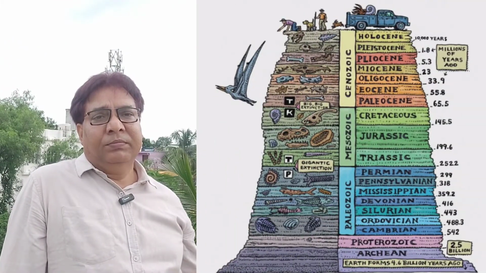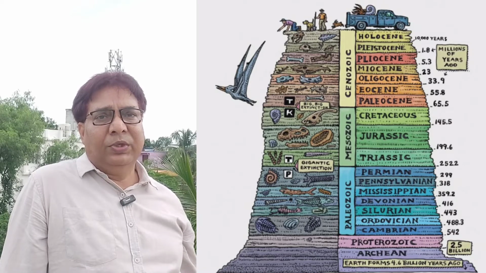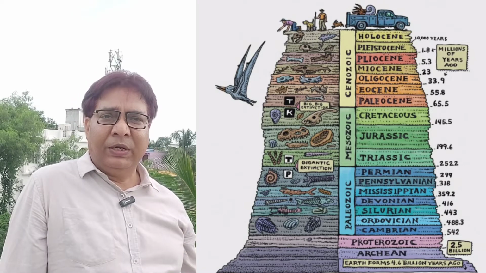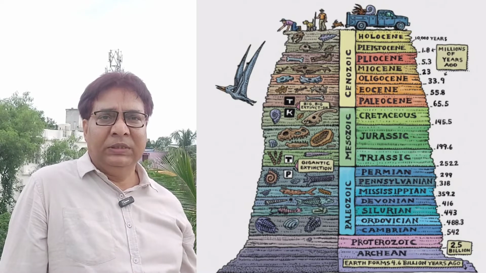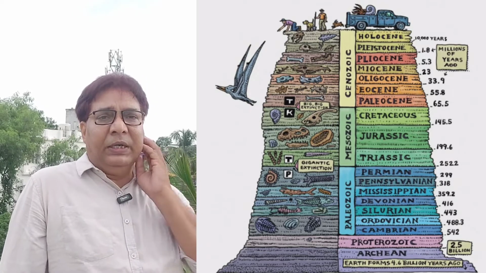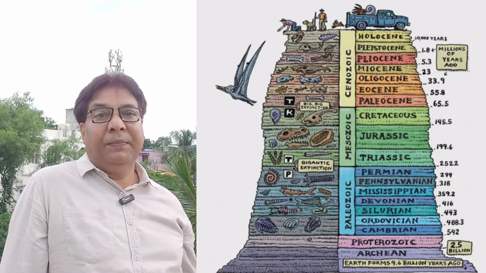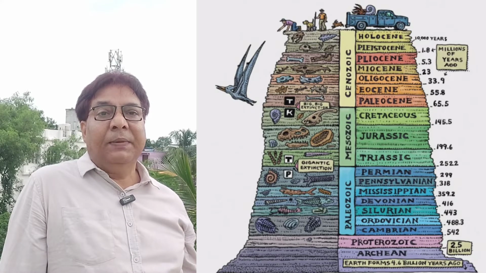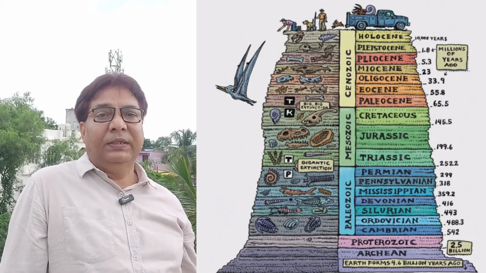As far as the animals are concerned, before the Paleozoic, protozoa were already there: Porifera, Cnidaria, Ctenophora, Echinodermata. These organisms were there. Fishes then appeared. Then amphibians appeared during the Devonian to Carboniferous.